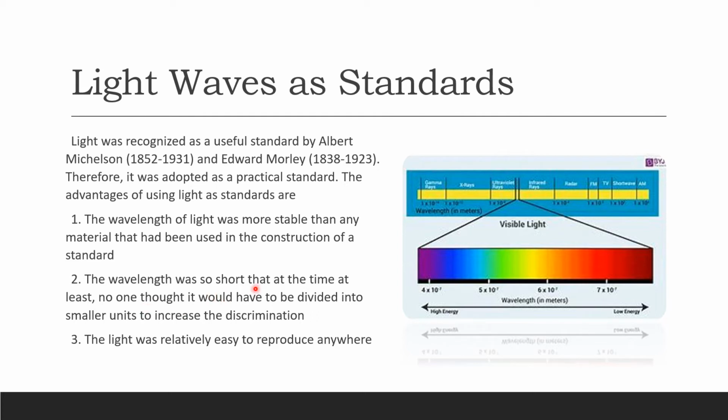We can't make that amount of small units with mechanical devices on our hand at all. So by using naturally existing light, and the length of that is your wavelength, you can get to the shortest possible discrimination.